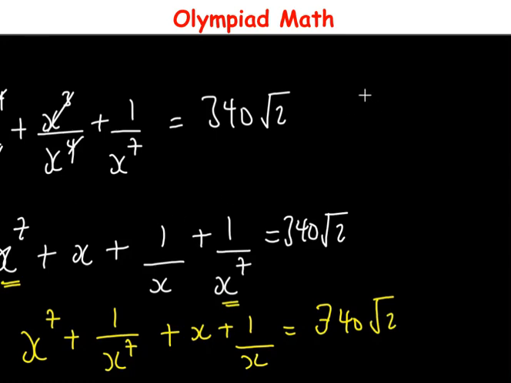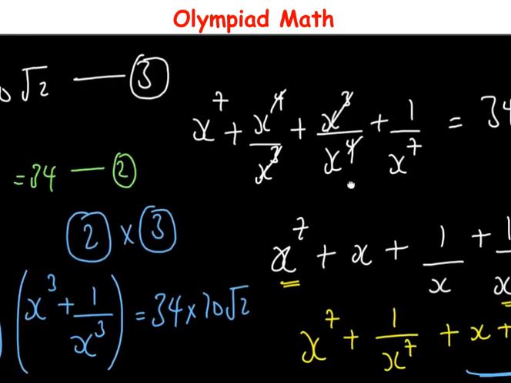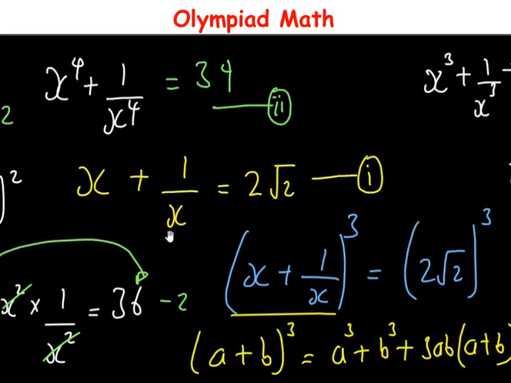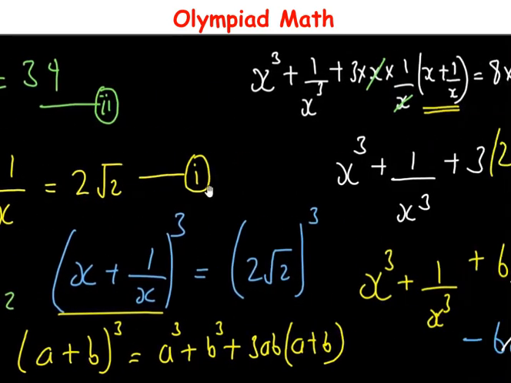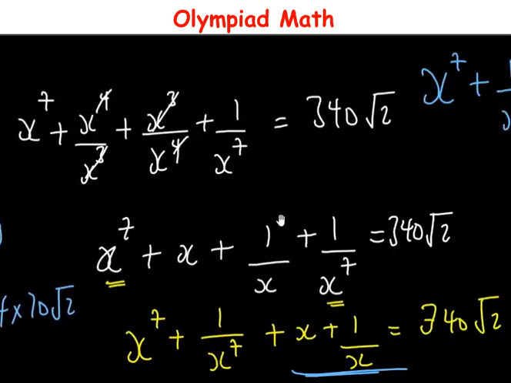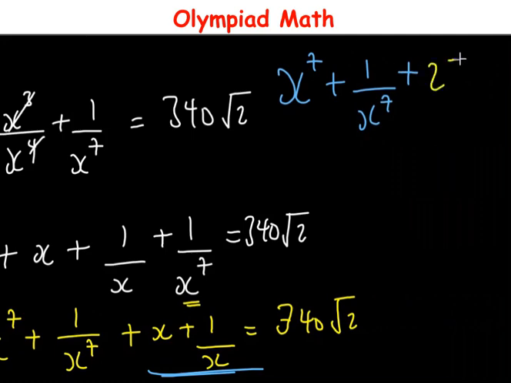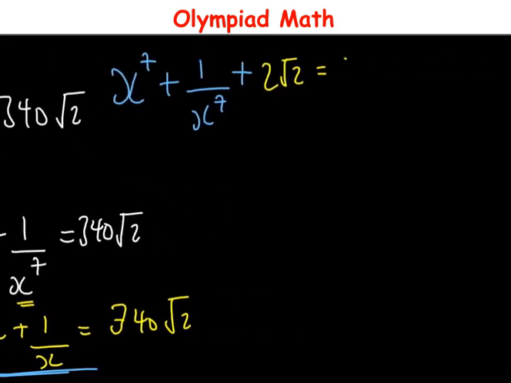So from here, x raised to power 7 plus 1 over x raised to power 7 plus, recall that x plus 1 over x equals 2 root 2. So we substitute 2 root 2 in place of x plus 1 over x. So we have plus 2 root 2, and this equals 340 times root 2.